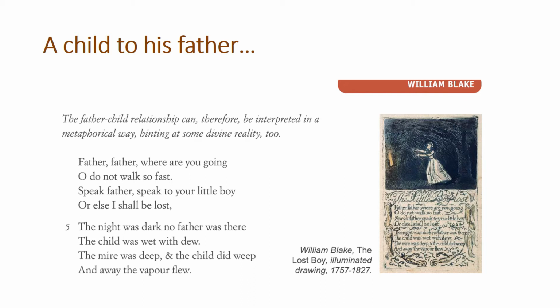This is a poem by Blake, The Little Boy Lost, which introduces the topic of childhood and also the complex relationship between child and father in the historical setting that we hinted at in the introductory phase, which is the period of the Industrial Revolution.